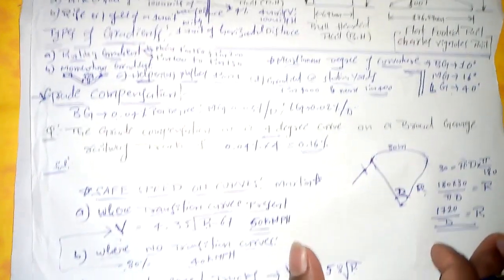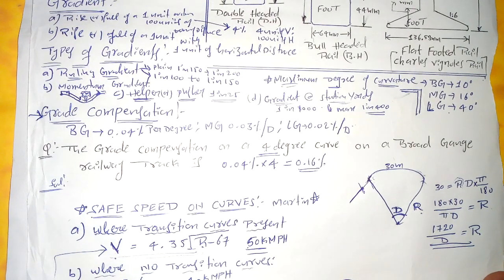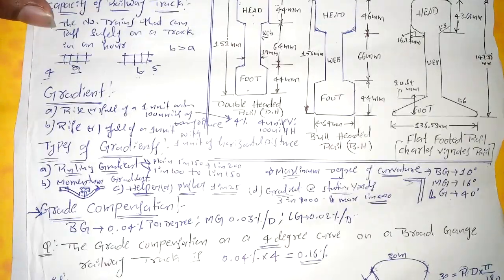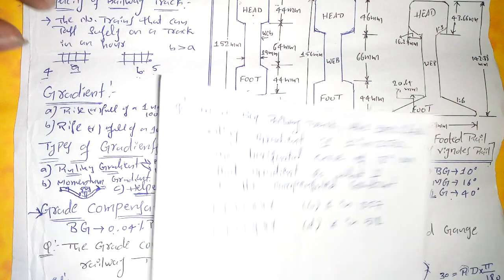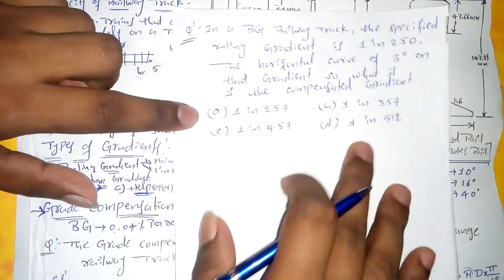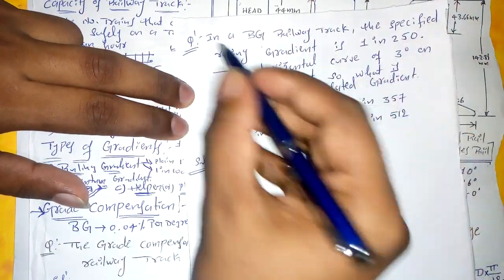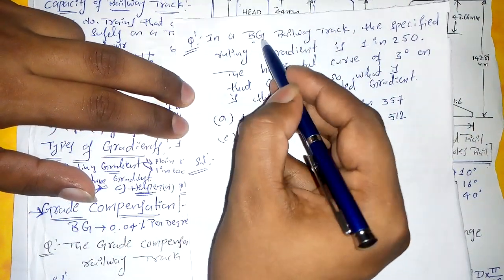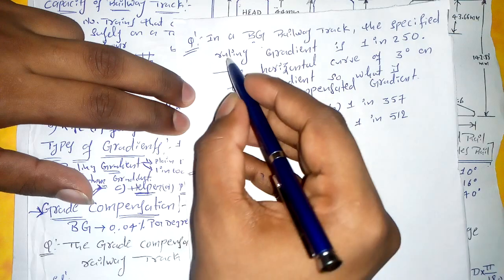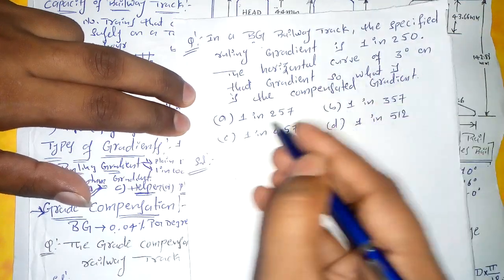So this is about railway engineering. So here is another question. What they are asking is, in a broad gauge railway track, the specified ruling gradient is 1 in 250.